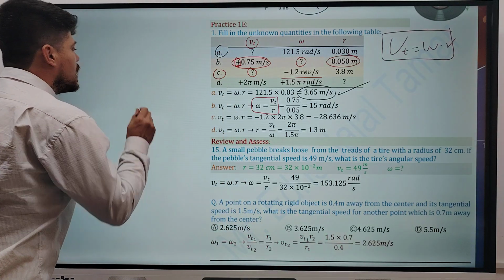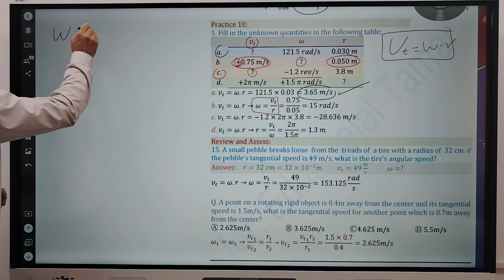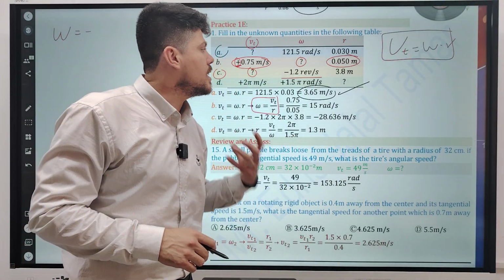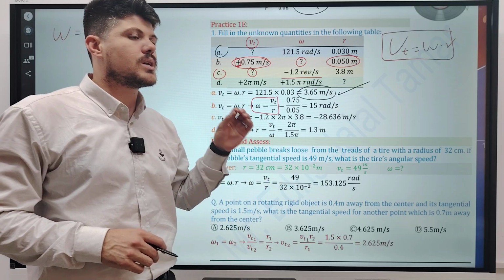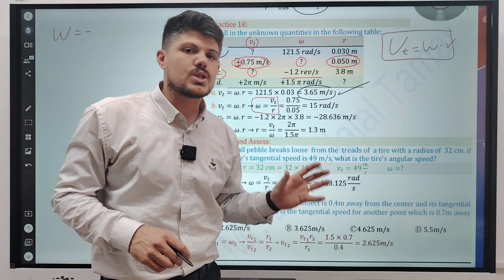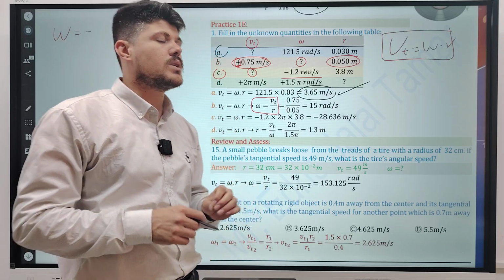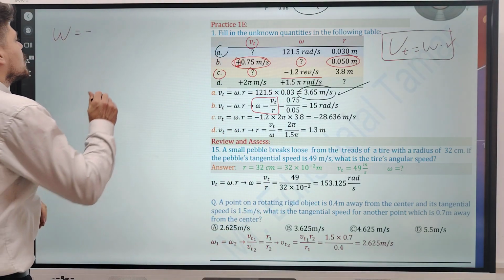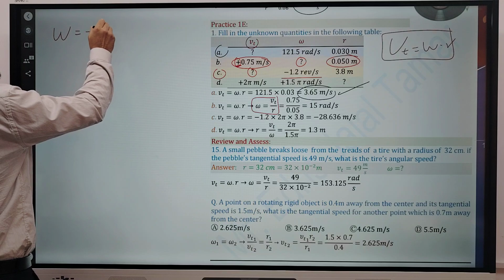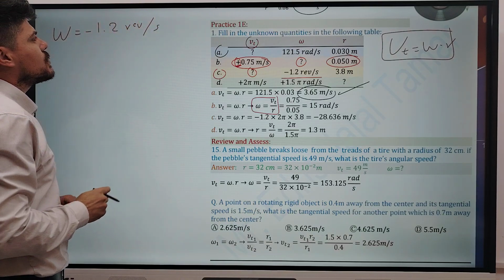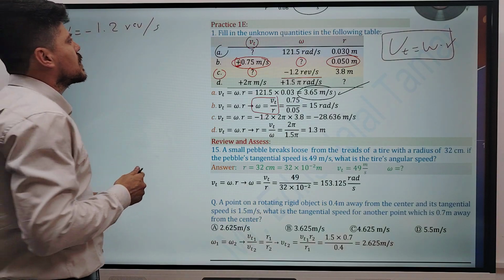Look at this question. Angular speed is given as negative. What does the negative sign indicate? The negative sign indicates that the object is rotating in the clockwise direction. So it is equal to 1.2 rev per second. Is it possible to solve a question with rev per second?